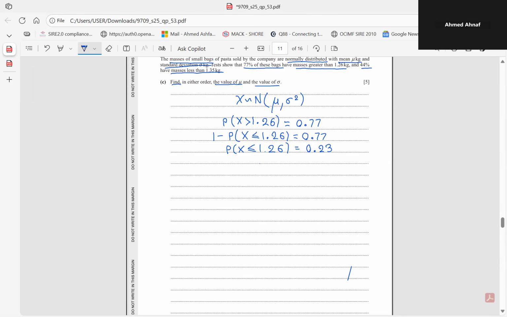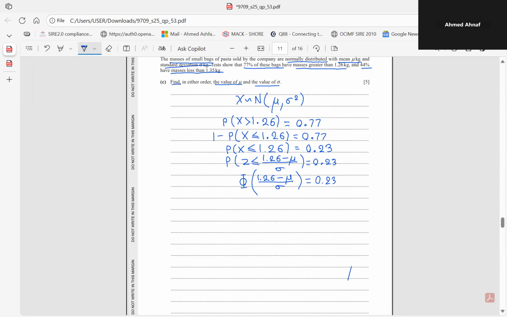Yeah, as you can see, the probability of this is less than 0.5. Let's just first standardize it. So Z is (1.26 minus mu) over sigma. This is 0.23. And now let's transform it to a function of phi. So phi((1.26 minus mu) over sigma) equals 0.23.